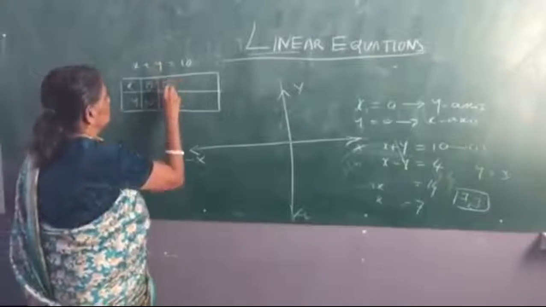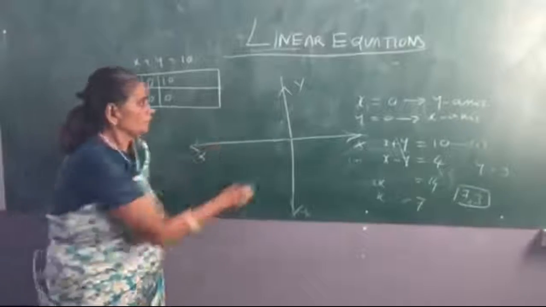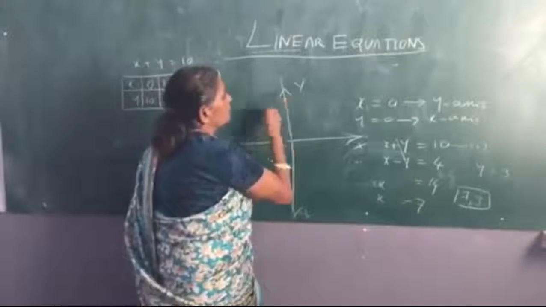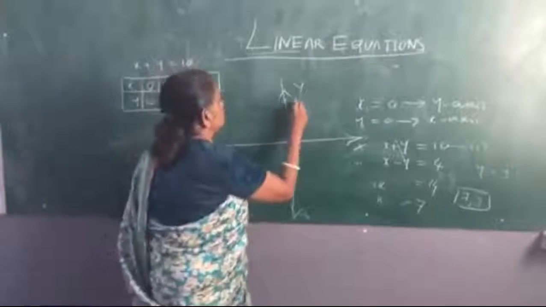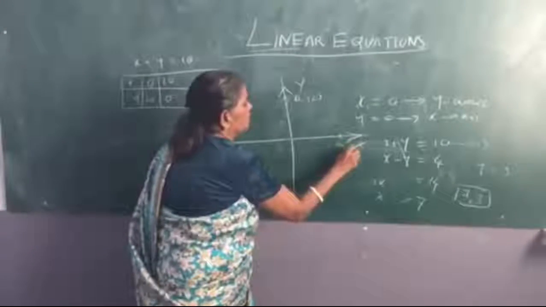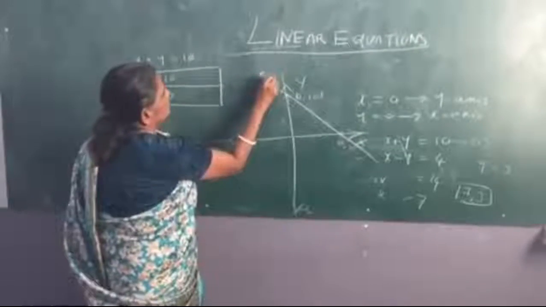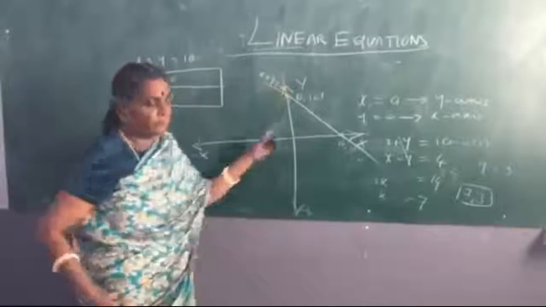If x is 10, y is 0. You need only 2 points to determine a line. So (0, 10) will be somewhere here. Similarly, (10, 0) will be somewhere here. So if you draw, this will be the line showing x plus y is equal to 10.